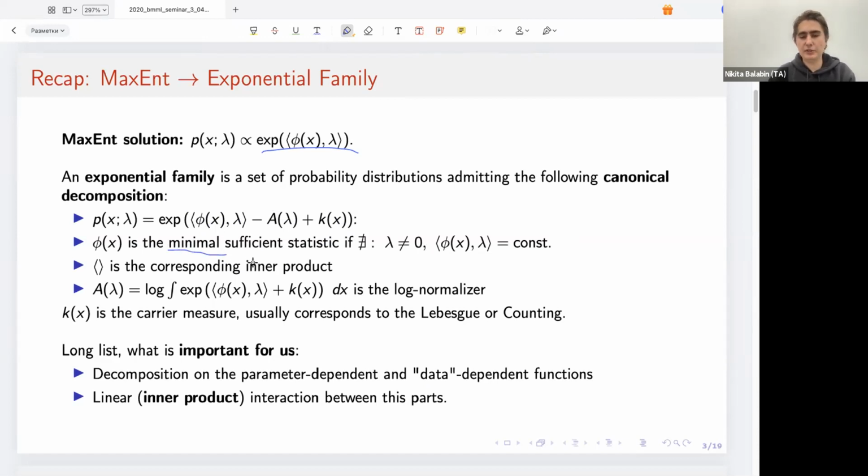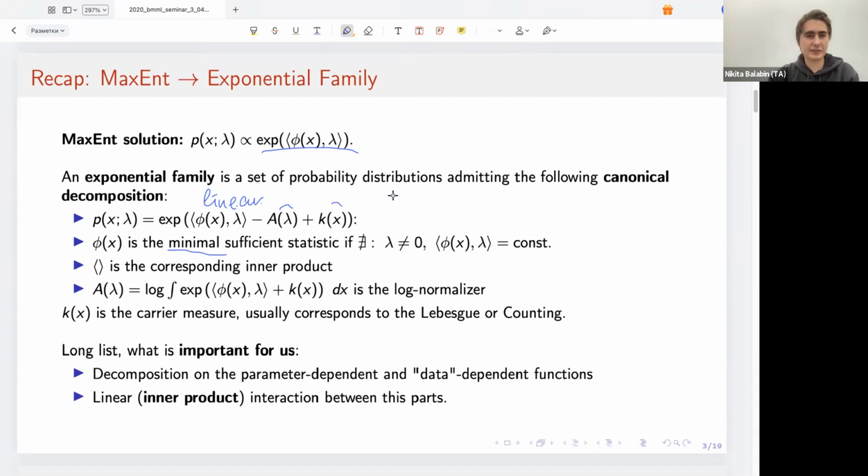It will be important for us. Also, what is important for us now is that the functions of parameters and data are decomposed, and the only interaction between them is a linear function. So, this is what the exponential family is.